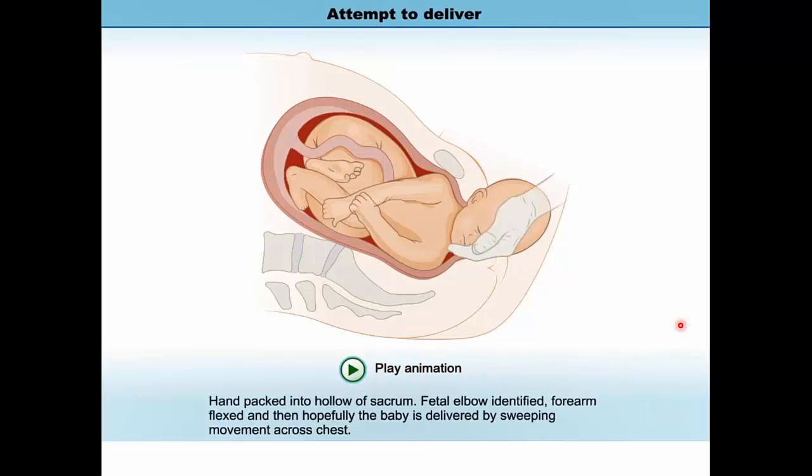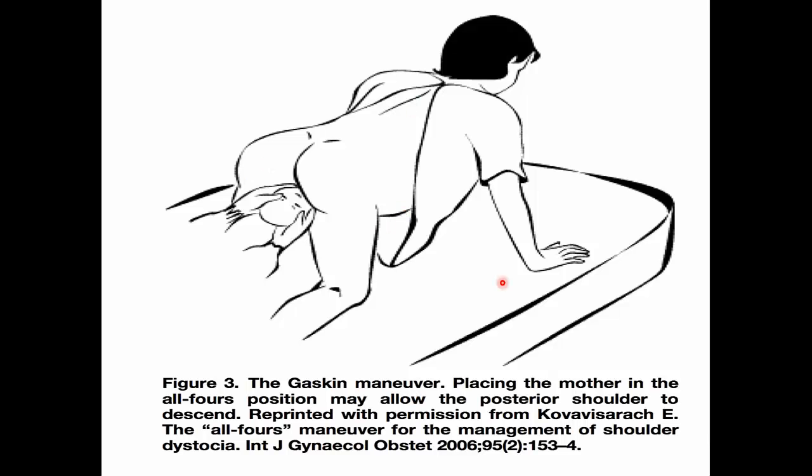Here also the Gaskin maneuver: roll the mother and repeat all maneuvers. So this video shows how to deal with a patient with shoulder dystocia. Already sent to the group.